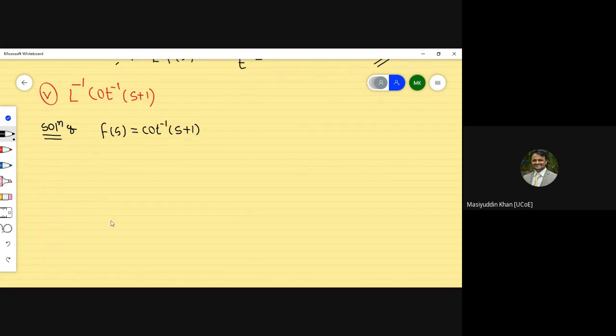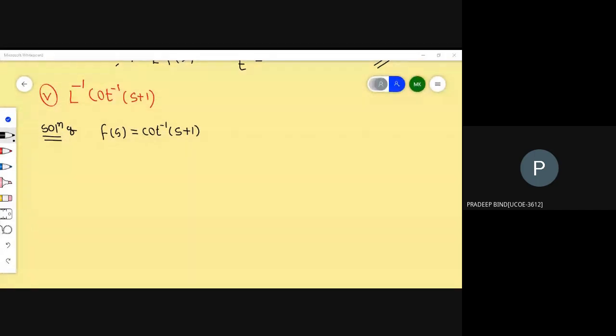Can anyone just let me know about the derivative of cot inverse of f of x? Let's turn on your mic, please. Pradeep Bind, please. Minus 1 upon 1 plus x square.